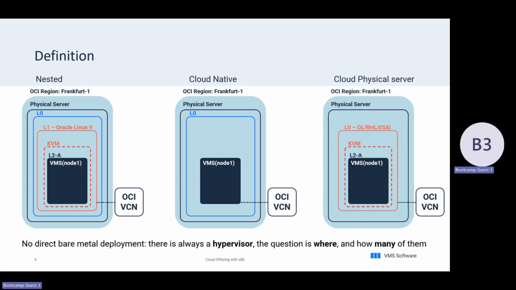But the native one is the one we have in the middle, where we only have the cloud server and the L0. But to be clear, this is not a direct bare metal deployment, because there is still a KVM hypervisor inside of it. The question is just about how many hypervisors we have and where they actually reside. So it's not direct bare metal, but it is native in the sense that it is a non-nested instance.